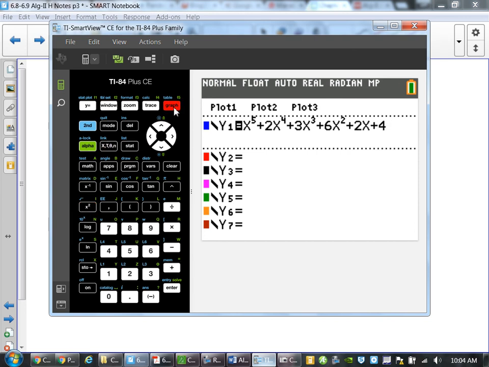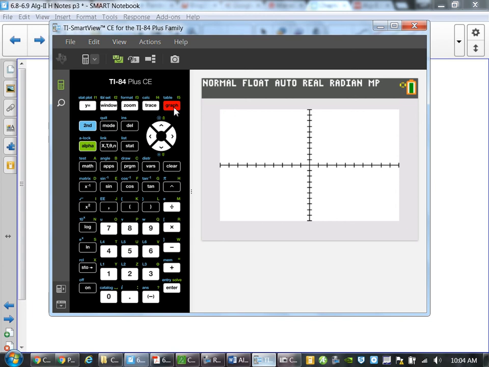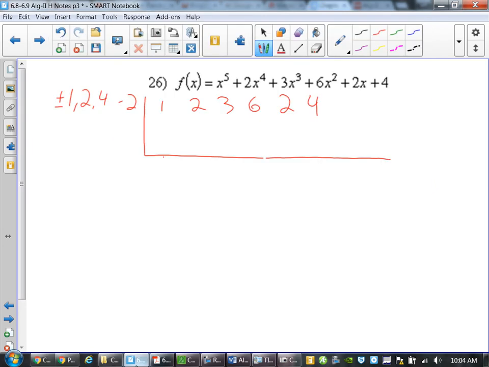So if you wanted to get an idea of where to start, I'm gonna start at -2 because it crossed the x-axis at -2.